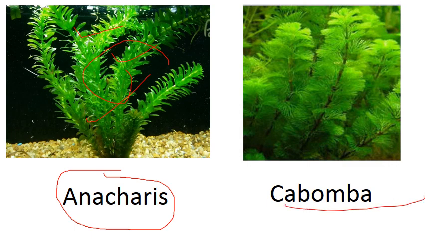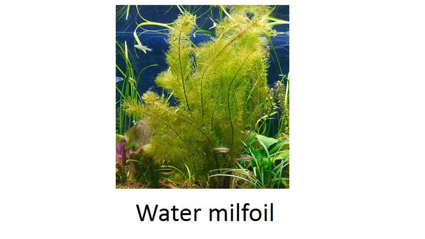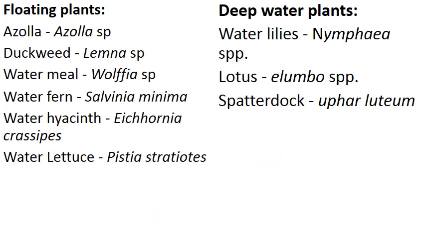Okay. Cabomba also you can see. I generally see this in Animal Planet and Discovery channel. Water milfoil also you can see in aquarium. In aquarium this is a very famous plant. It is good for fish also.